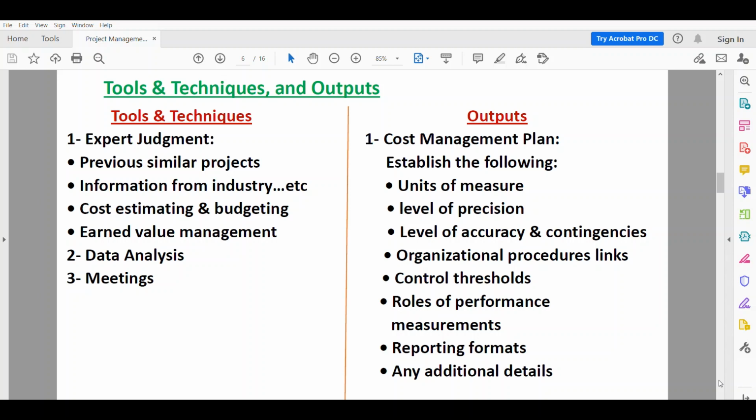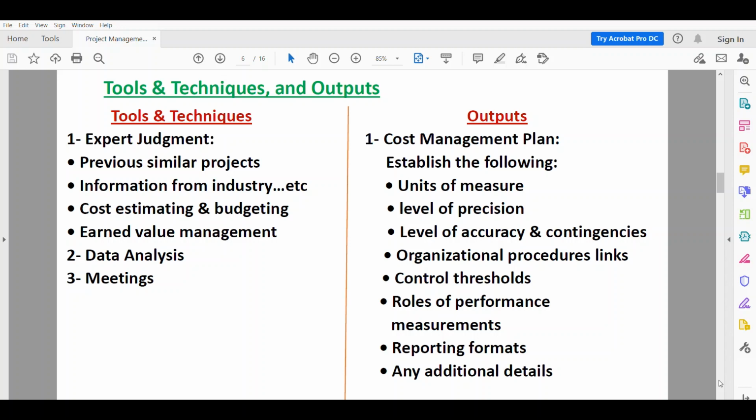Level of accuracy, the acceptable range. What's the acceptable range? Say plus or minus 10%. The range used in determining a realistic cost estimate is specified, so this has to be specified in the cost management plan. The fourth thing which will be established is the organizational procedure links, like the work breakdown structure, which provides the framework for the cost management plan.